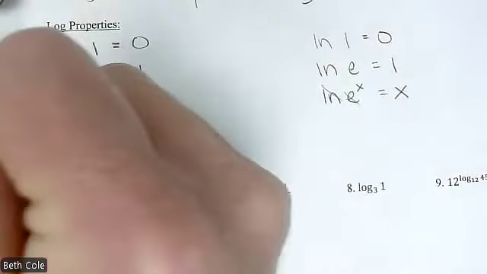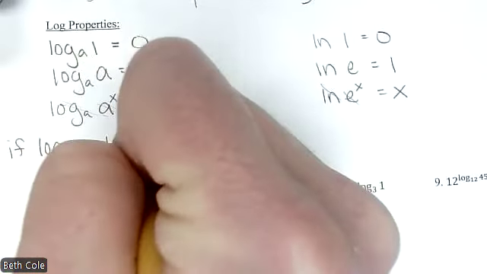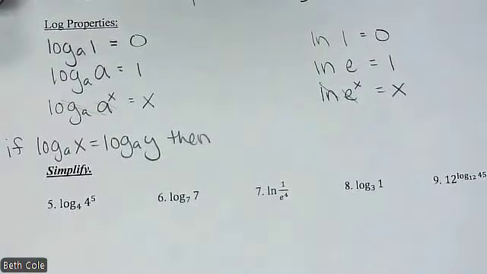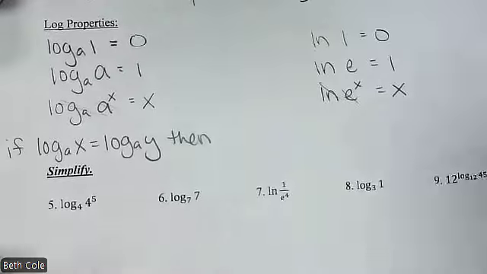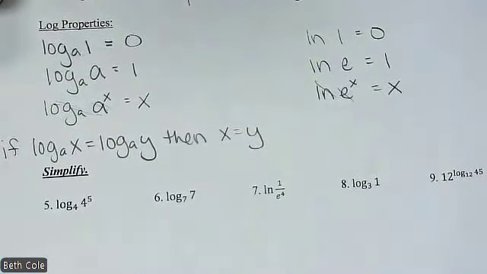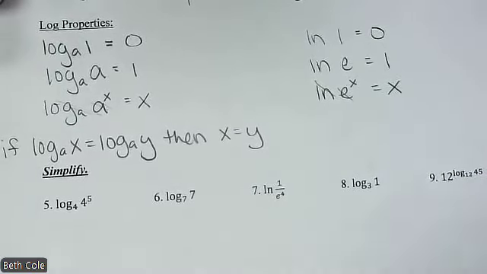All right. And then last one, if log base a of x equals log base a of y, then this is an if-then statement. Do you remember from geometry all those if-then statements? If it is raining, then I am sad. If it is not raining, then I am not sad. Yes, good. I was waiting to see if somebody would come up with it. Then x equals y. Like I said, they all make common sense and you have common sense, so good job.